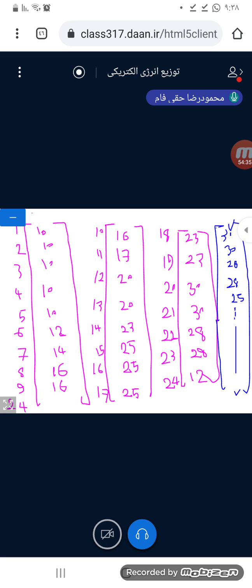Okay. Mr. Ahmad, first you sort these numbers from highest to lowest, and then you write the other vector from highest, for example, 30.